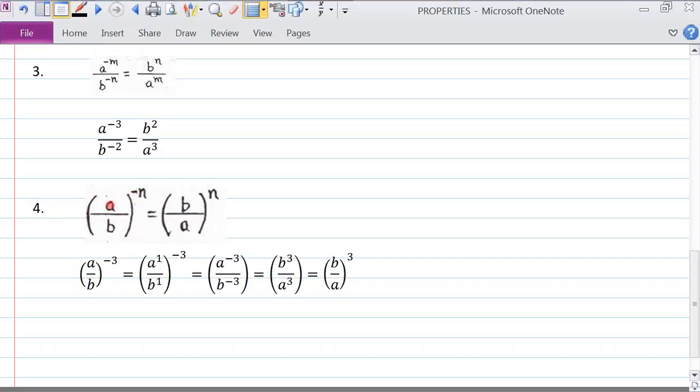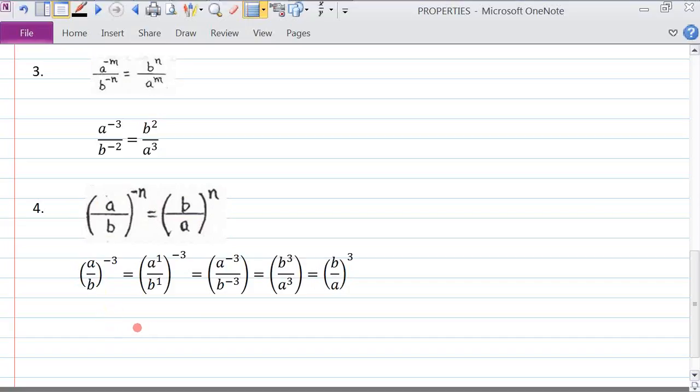B becomes where the a is and the a becomes where the b is, and we get b over a raised to the power n. We make it positive. We change the minus n to the plus n by flipping this.